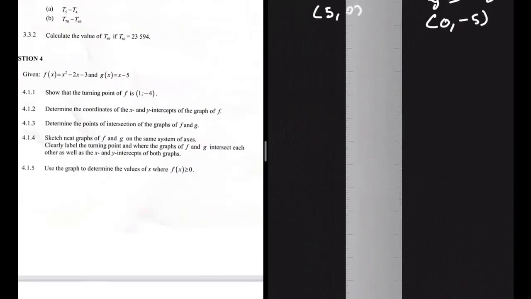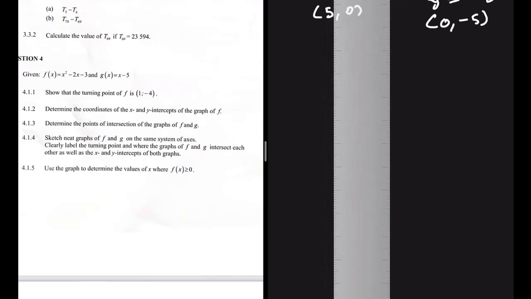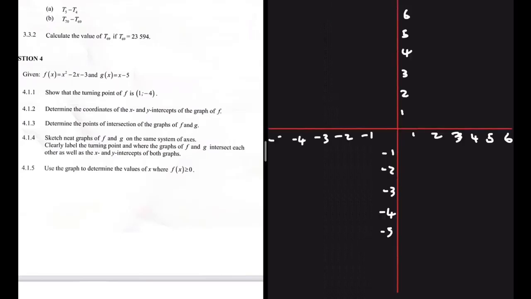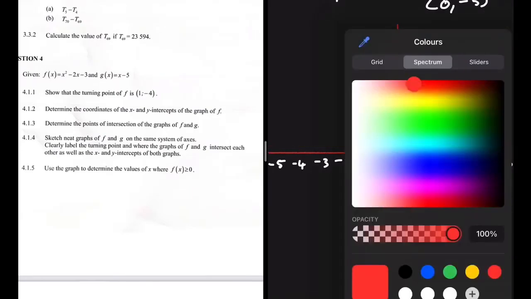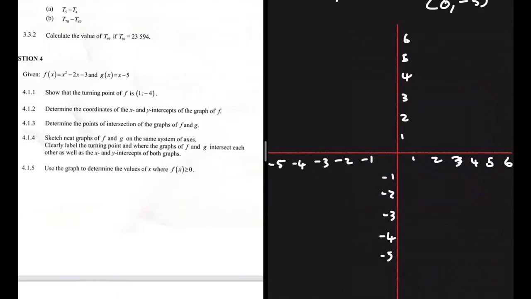So let's now I have my axes, and let's give it a try, right?